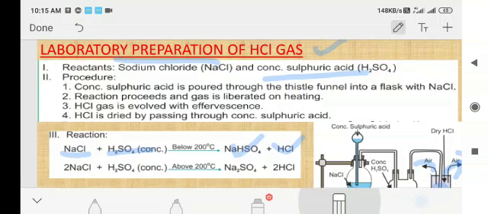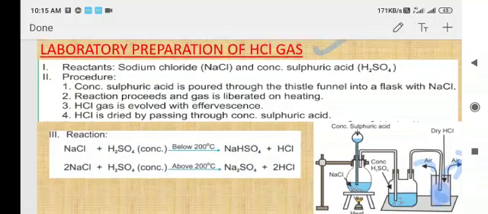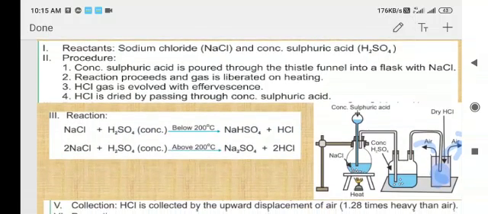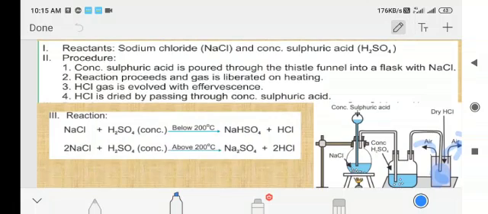HCl gas is collected by upward displacement of air. The common drying agent we are using is concentrated sulfuric acid. And these are the main points about the laboratory preparation. Through the next video, I'll explain the rest of the things. Thank you, children.